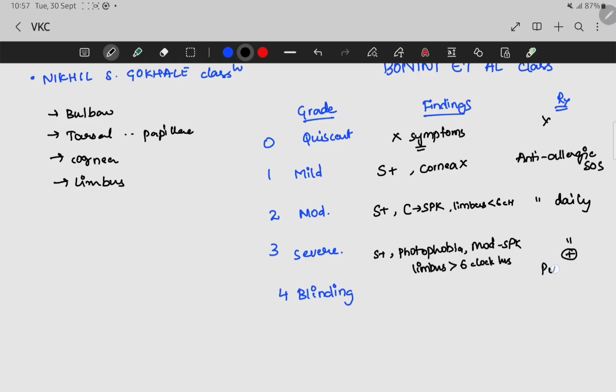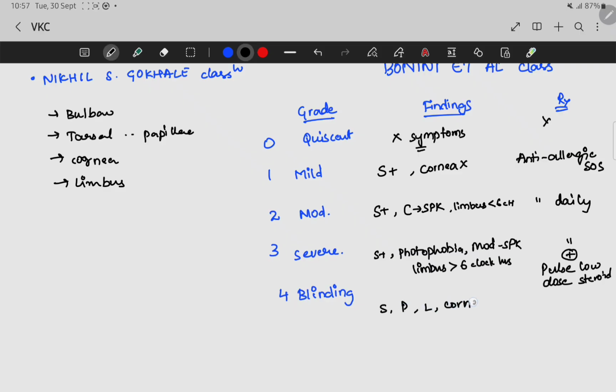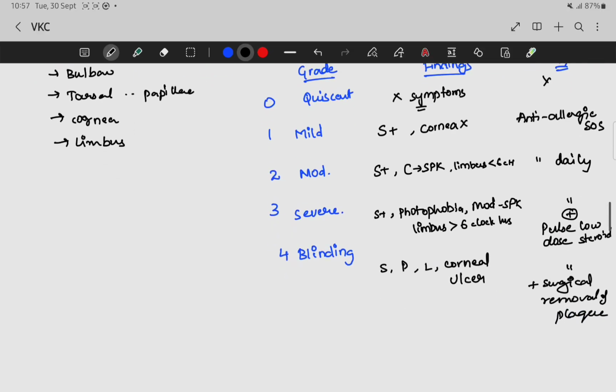Coming to the treatment of severe cases, along with the anti-allergic medications, we have to give topical pulse low-dose steroids. In stage 4, the blinding stage, we have all the above symptoms along with corneal ulceration. So here we have to give the above treatment, and along with that we have to do surgical management of the corneal ulcer, that is removal of the plaques. So this is the Bonini et al classification.